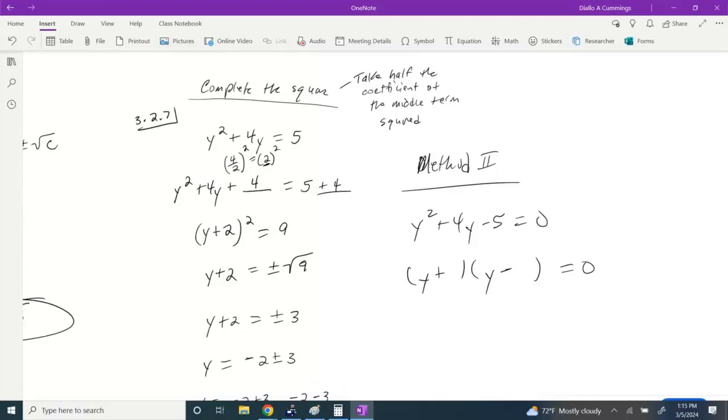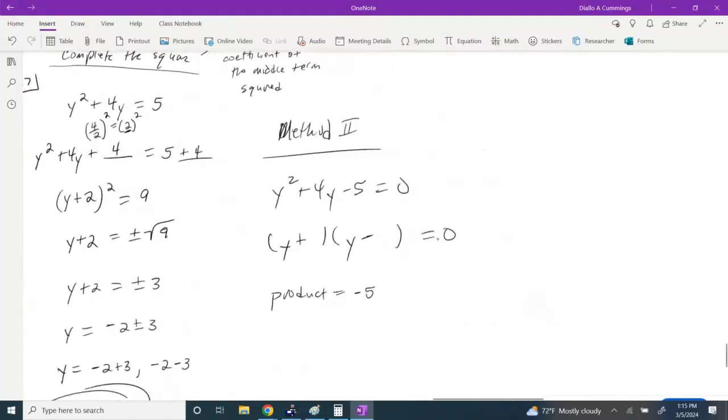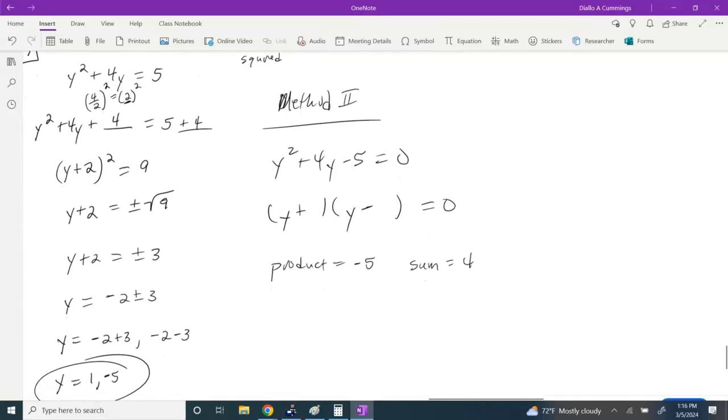I can use the product sum. Right, my product should equal the last term in my trinomial, which is negative 5. My sum should equal the coefficient of my middle term, which is 4. So I need two numbers. When I multiply them, I get -5, but when I add them, I get 4.